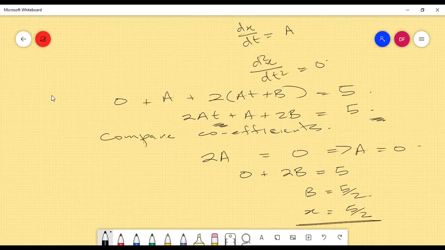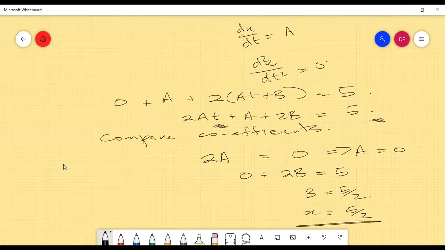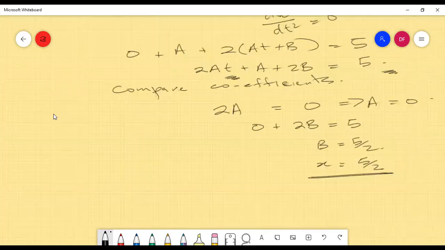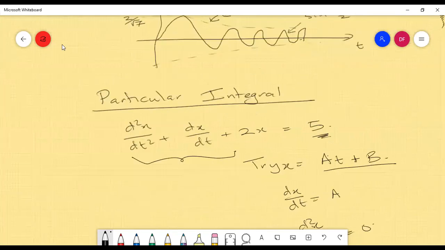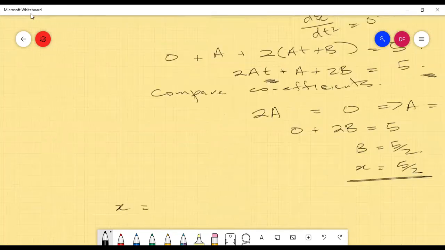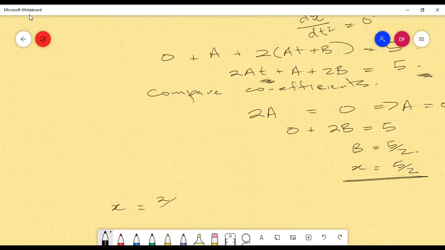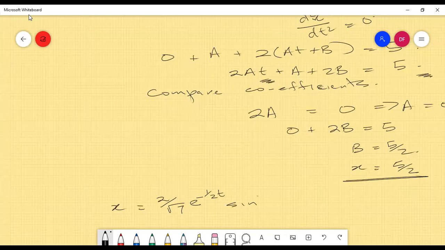So my general solution to this whole equation now is going to be x is equal to 2 over root 7 e to the minus a half t sine root 7 over 2 t plus the particular integral, so it's plus 5 over 2.